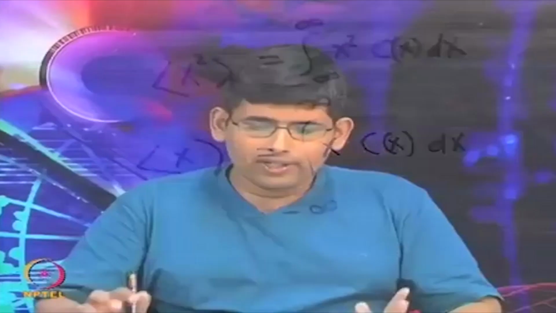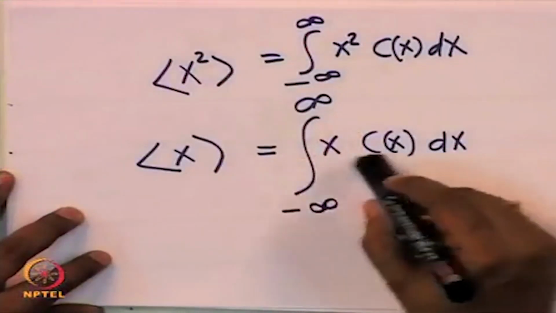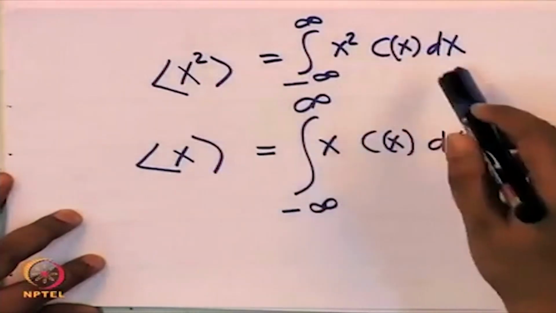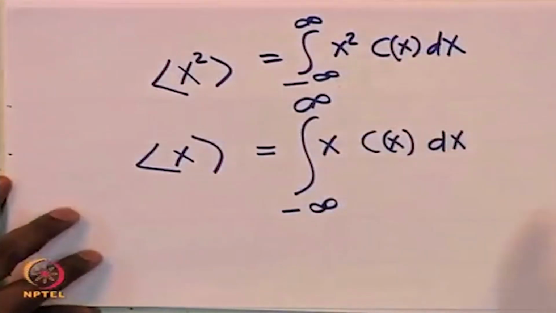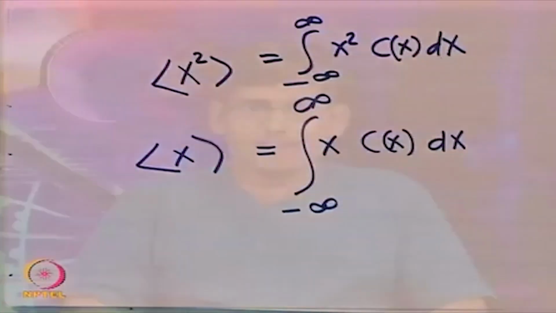But for the moment, just believe me, and know that x average is integral x C of x dx and x square average is integral x square C of x dx. Knowing C, we can calculate this. That is our aim.